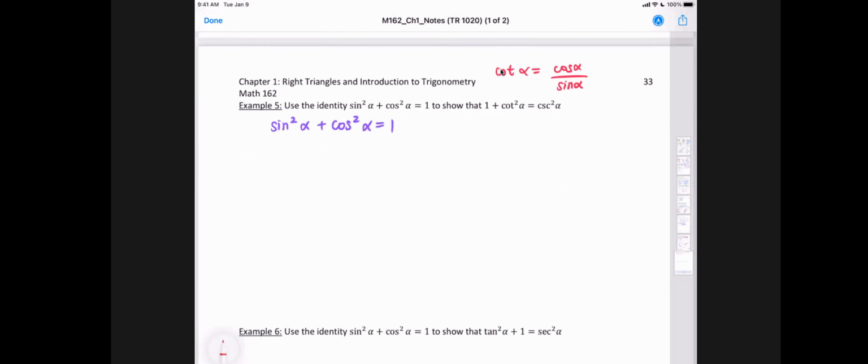Since right here we have a cosine square, we want to divide by sine square, and that would give us a cotangent square. But we can't just divide the one term. We have to divide the equation throughout by the same thing, right? So we're going to divide this equation throughout by sine square.